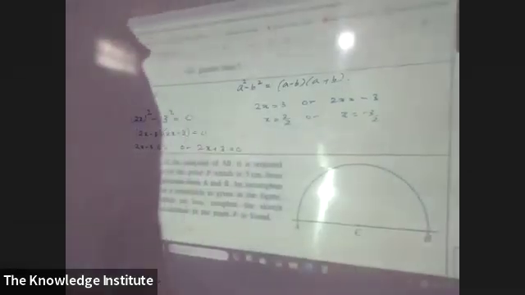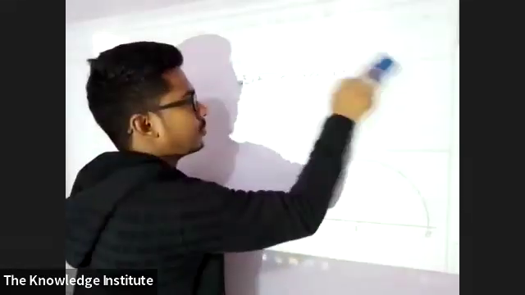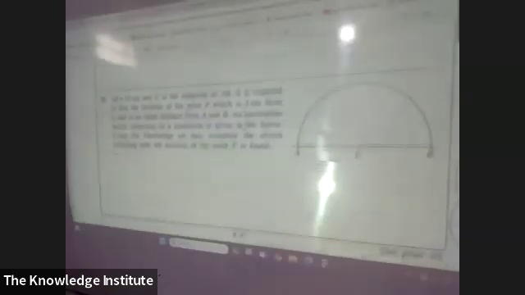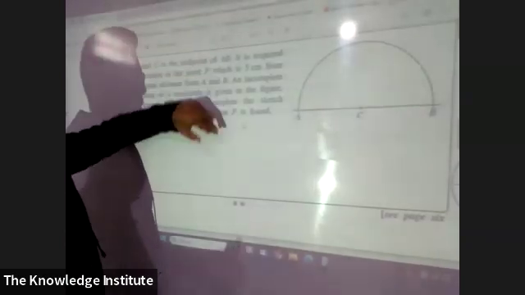Okay, and the last one. AB equals 10 centimeters.